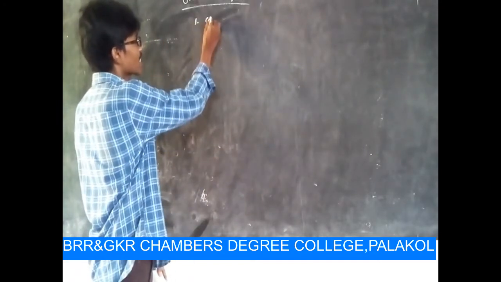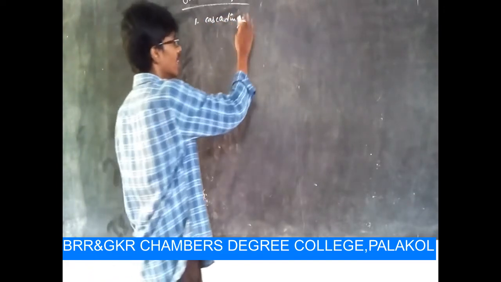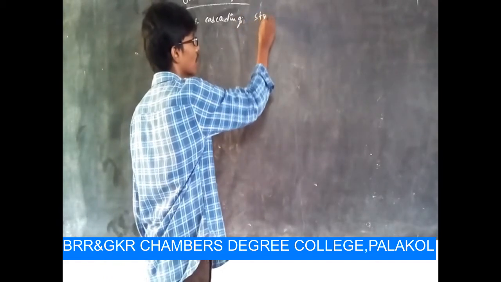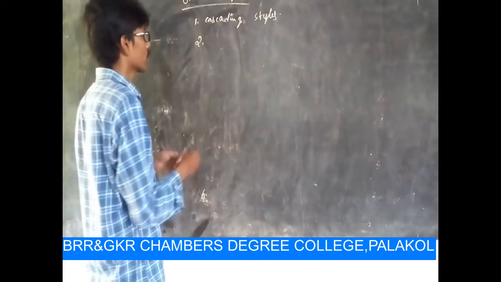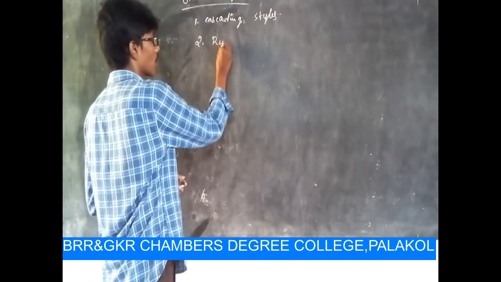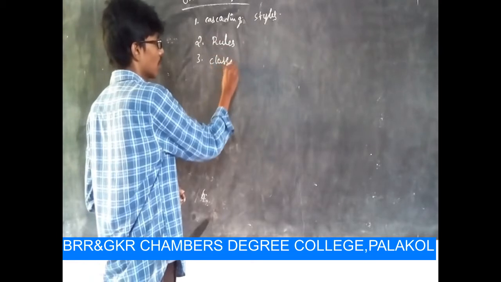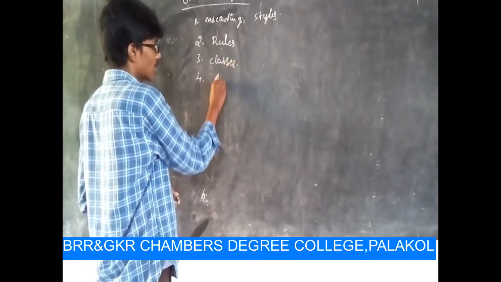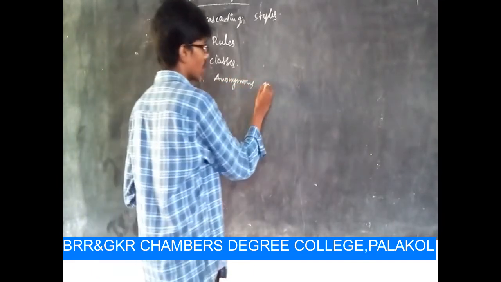For this, the first one is cascading styles, and the second one is rules, different rules, and the third one is classes, and the fourth one is anonymous classes.